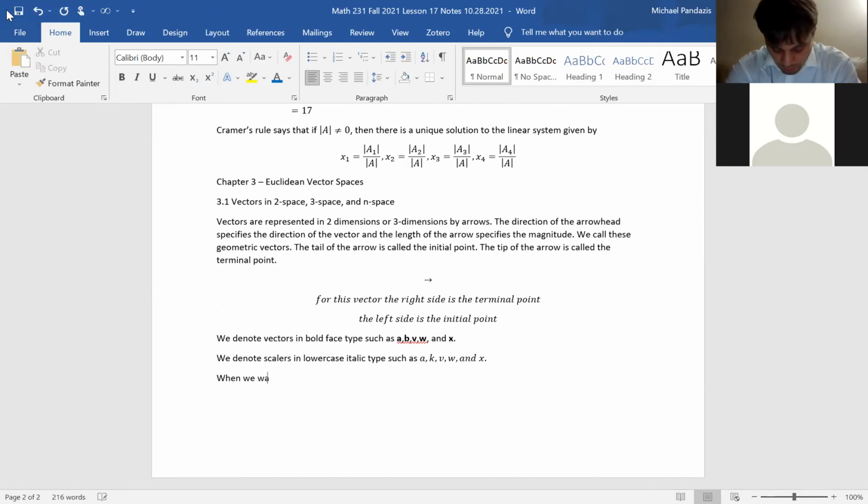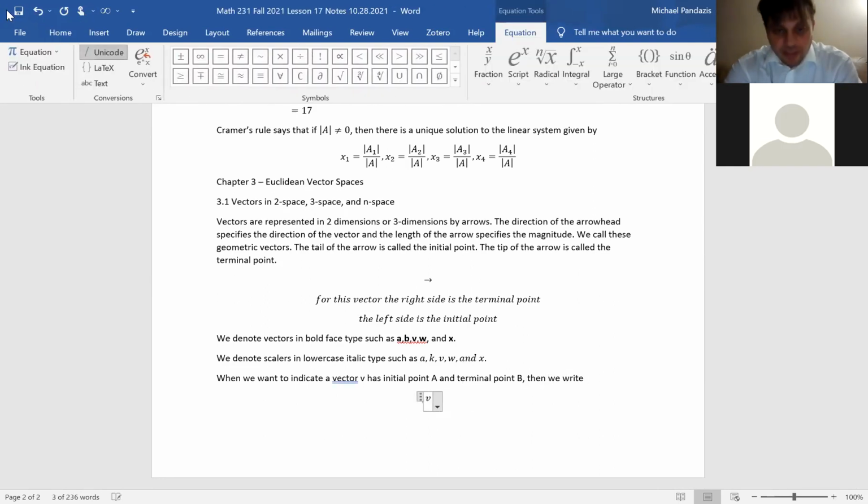When we want to indicate vector v with initial point A and terminal point B, then we write v equals AB with an arrow above it.